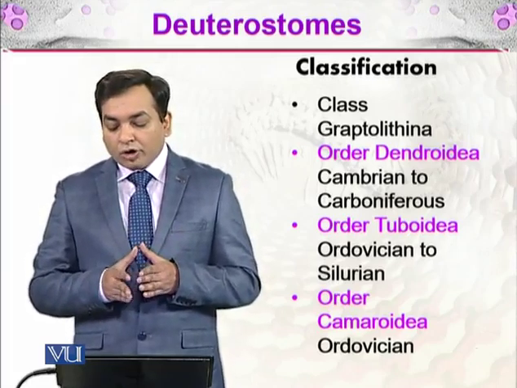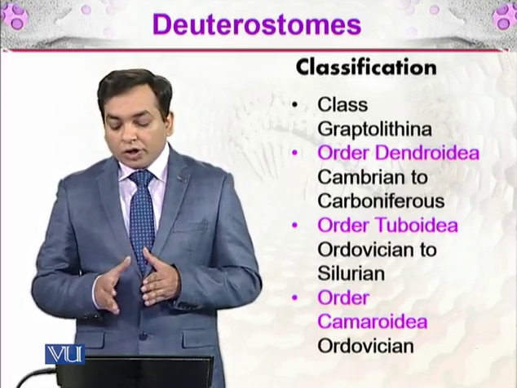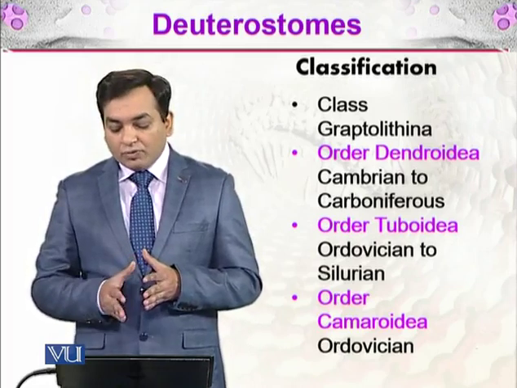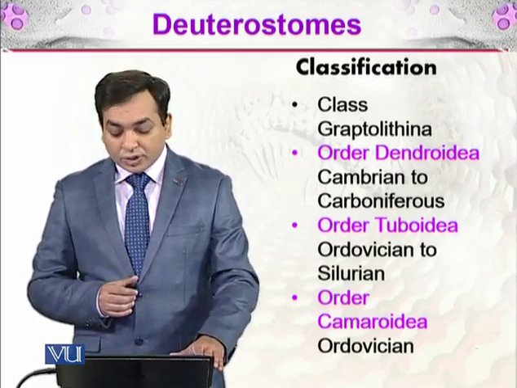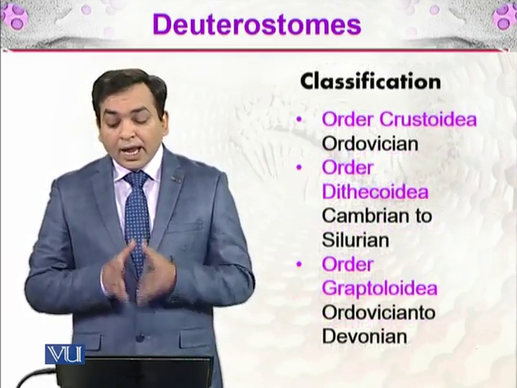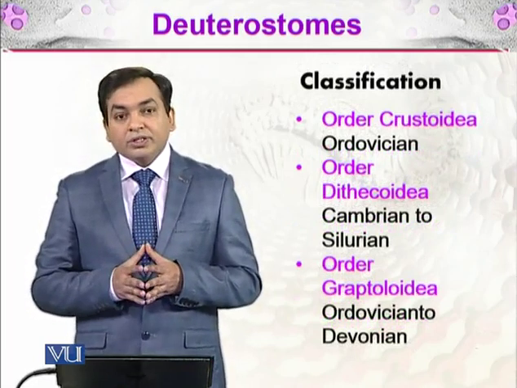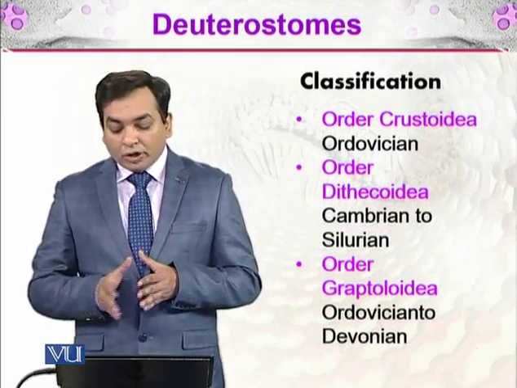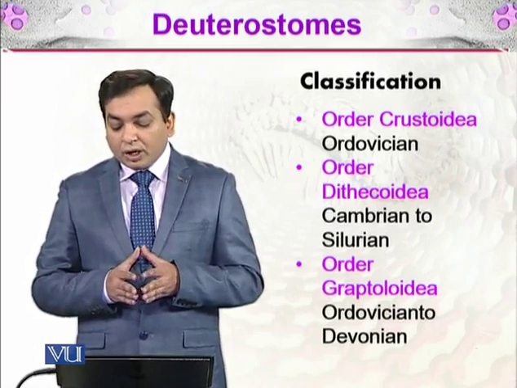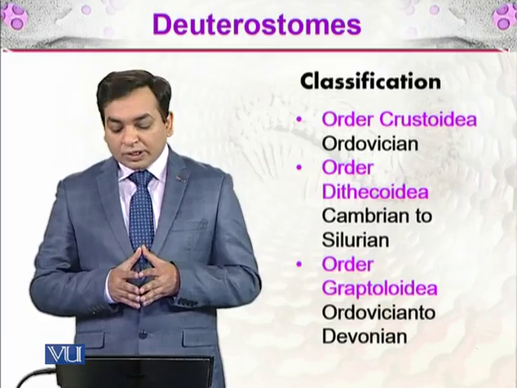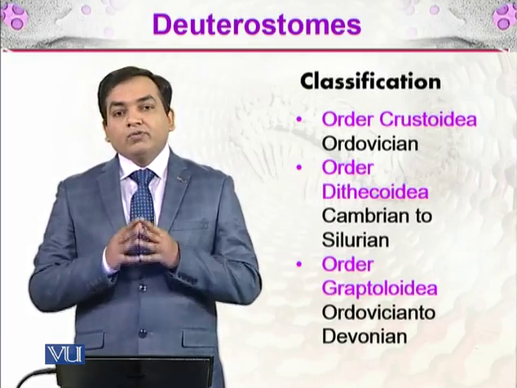The order Dendroidea was present from the Cambrian to the Carboniferous, the order Tuboidea from the Ordovician to the Silurian, and the order Camaroidea during the Ordovician. Then there is the order Crustoidea, present during the Ordovician, and the order Dithyrocaridoidea, present during the Cambrian to Silurian. And last but not least is the order Graptoloidea, present from the Ordovician to the Devonian period.